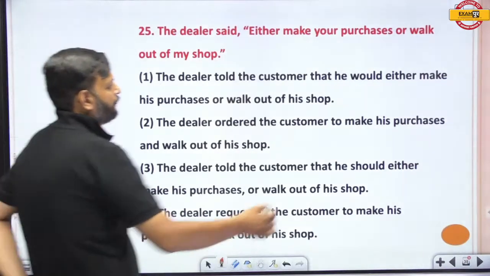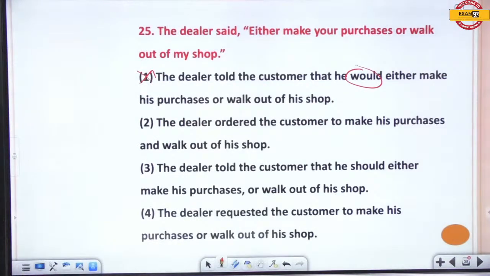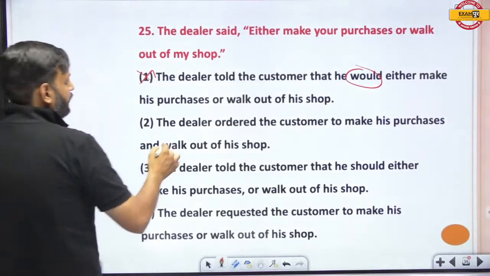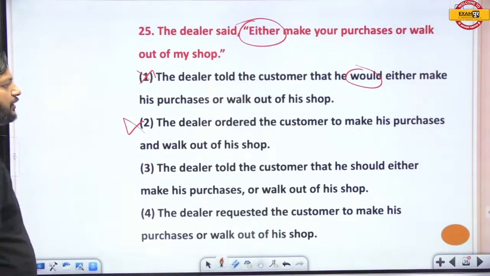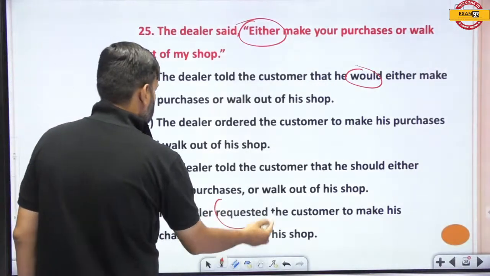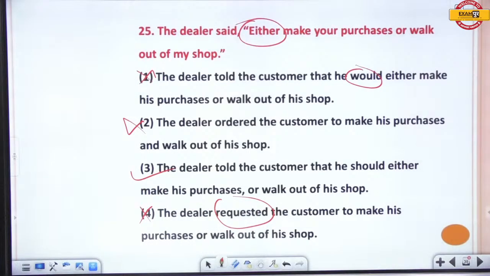So here the use of would is wrong, cannot be the answer. The dealer ordered the customer to make his purchases. So here either is not there, so this cannot be the answer. That he should either. And fourth, the requested. So this is not a request, cannot be the answer. The answer is third.